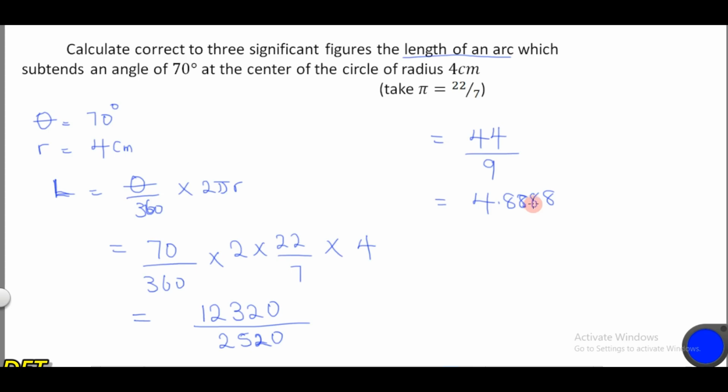So I will approximate this number and put it here. 8, if I round it off, I will round it off to be 1, and then I'll add it to this 8 to make it 9. So that will be equal to 4.89 centimeters to three significant figures. So this is my answer.